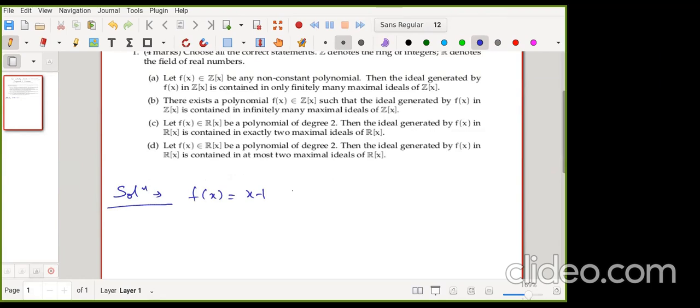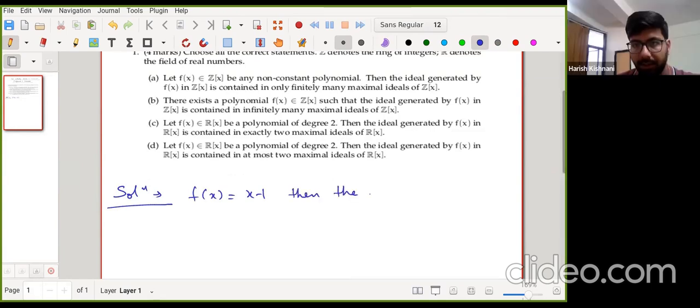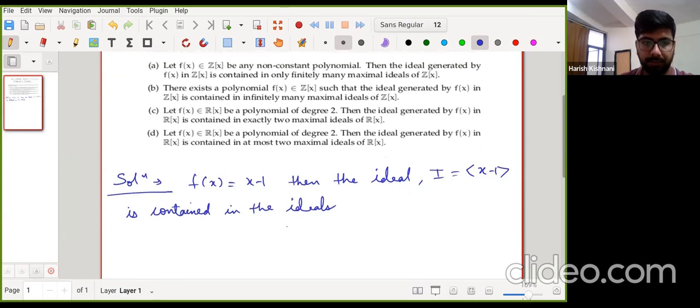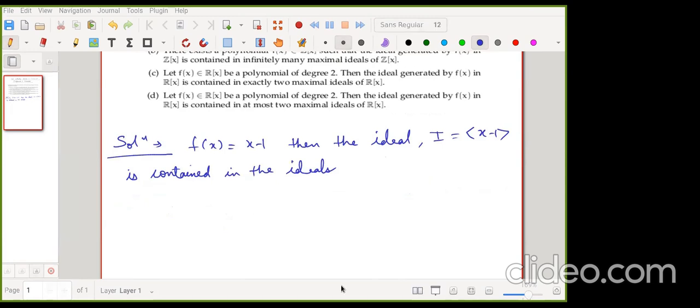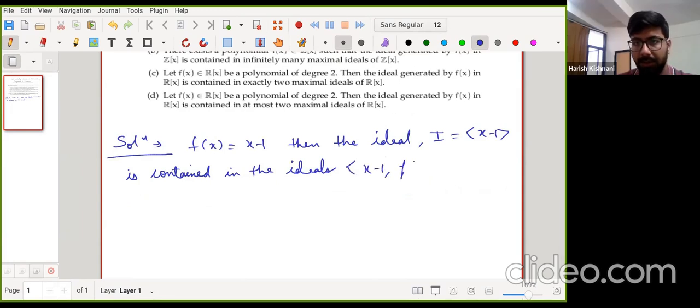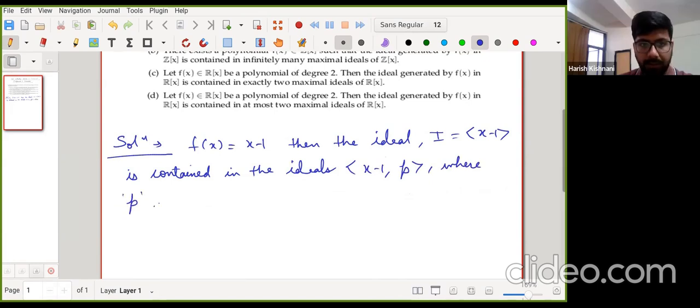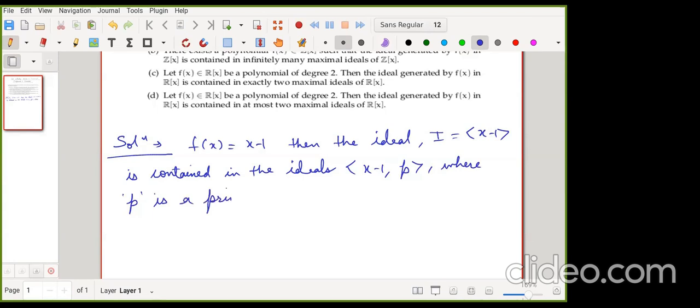Then the ideal I = <x - 1> is contained in the ideals generated by x - 1 and p, where p is a prime number.